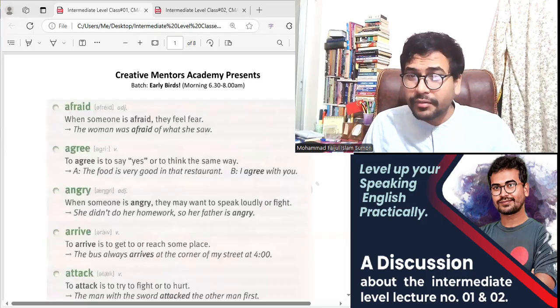And I have provided two intermediate level lectureships, and both contain lots of materials. I mean, several segments, and each segment contains 5 to 10 materials.